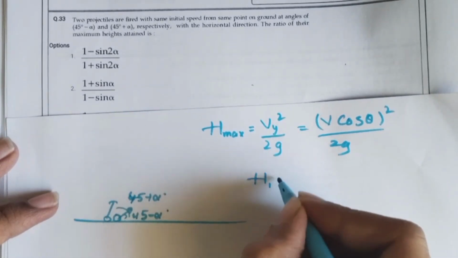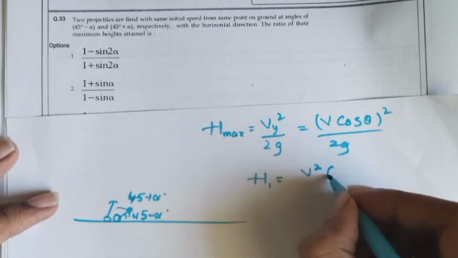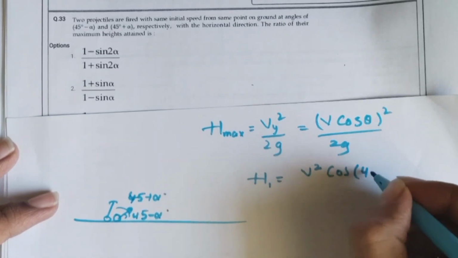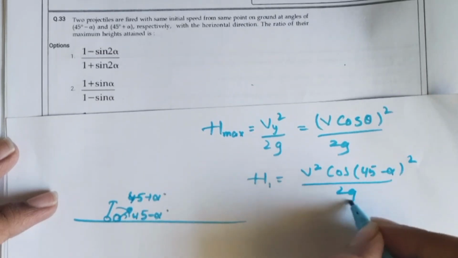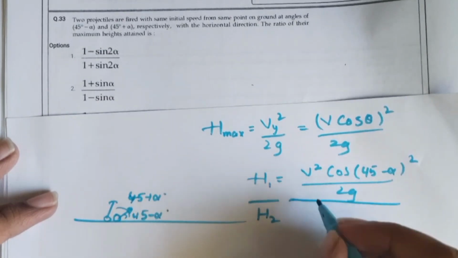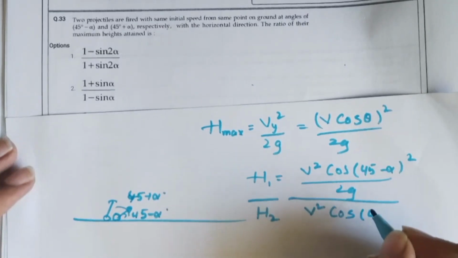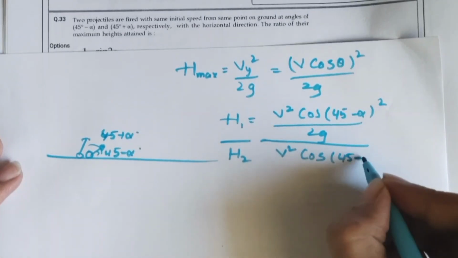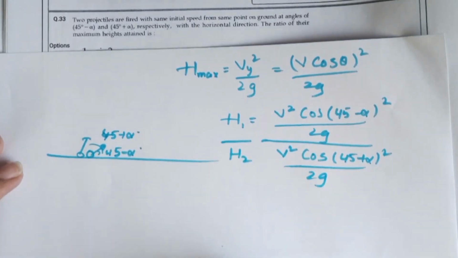So for the first body, h1 will be v square cos 45 minus alpha whole square upon 2g, divided by h2, which will be v square cos 45 plus alpha whole square upon 2g.